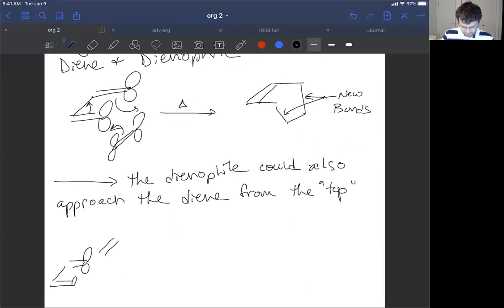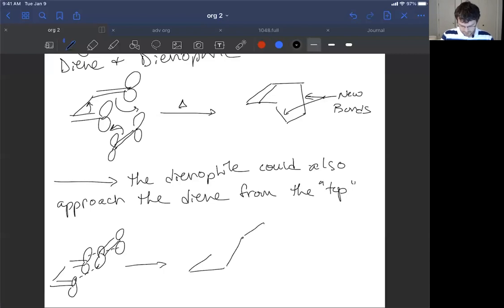And so if we have our orbitals this way, I don't really like this picture as much. It's just a preference of mine. And whoops, I even drew that one wrong because we want the bottom lobes to connect. Gosh, okay, I'm really not used to drawing this one. But there is a point. It came in from the top as opposed to the bottom.